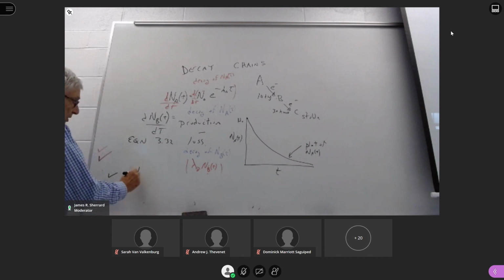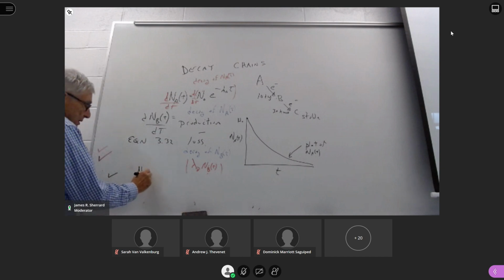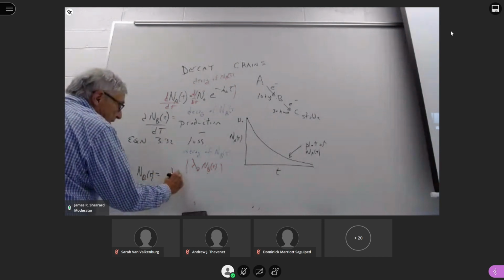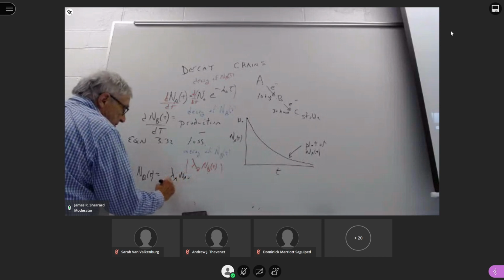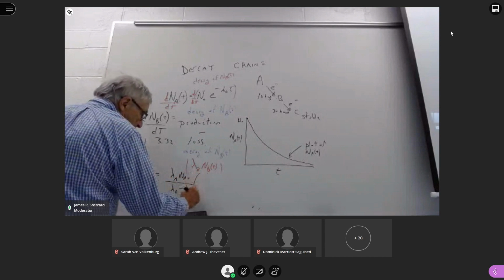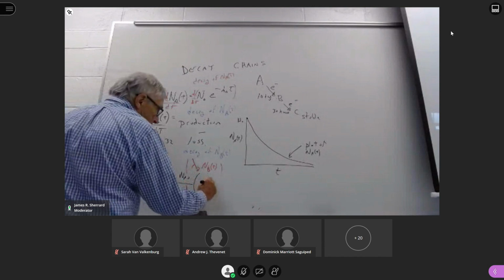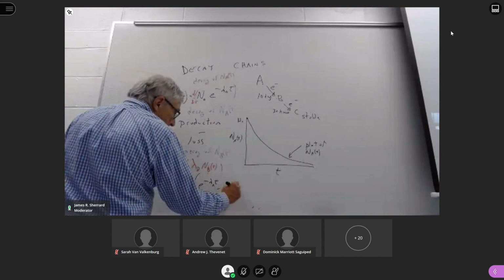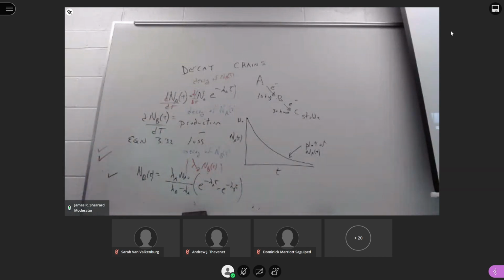But your final equation comes out to be N_B as a function of time is equal to the decay constant of A times the number of original A's, over lambda B minus lambda A, times e to the minus lambda A of t minus e to the minus lambda B of t.